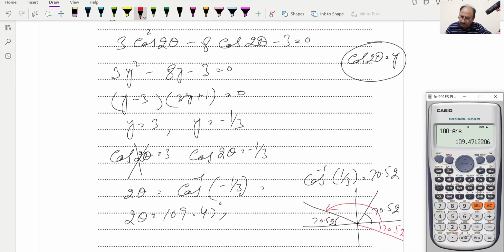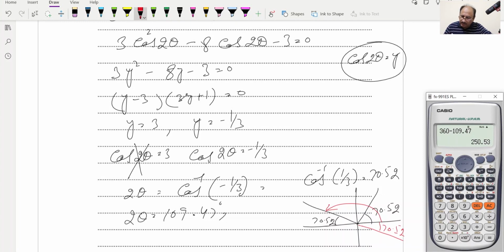So we can check for 360 minus 70.52, this will be giving us 289. Basically 360 minus 109.47, this will give us 250.53.